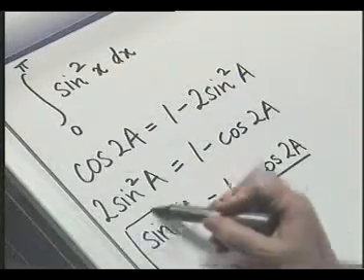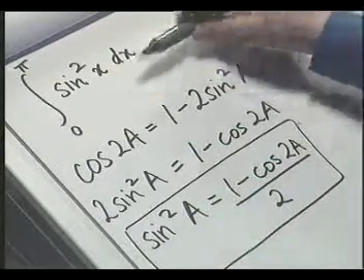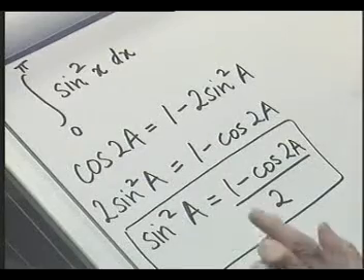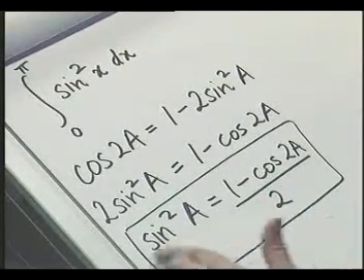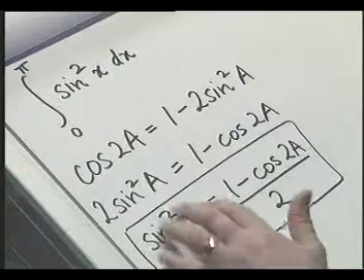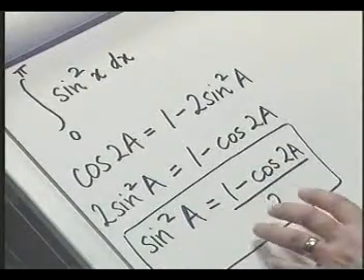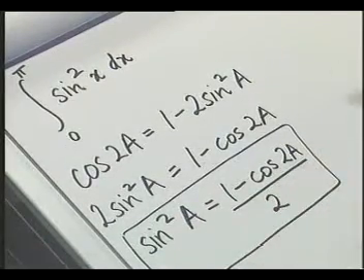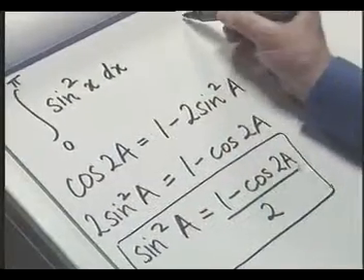And this is the result that I want to use to help me to evaluate this integral. Because what it will allow me to do is change a quantity involving the square of a trig function into a quantity involving double angles. So let's use it in this case.